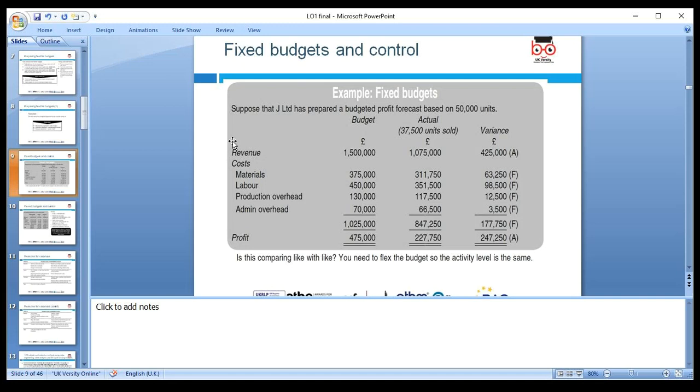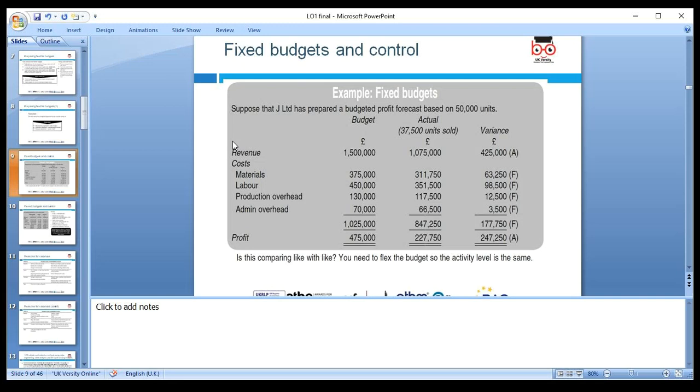And actually, how many units are we producing? 37,500. So you multiply 30 by 37,500.